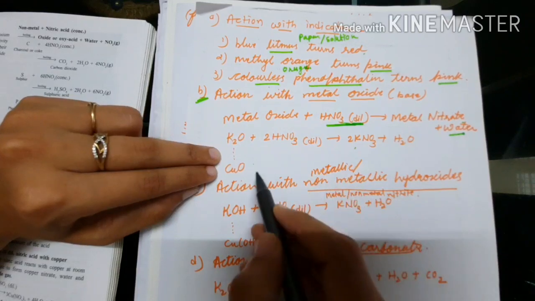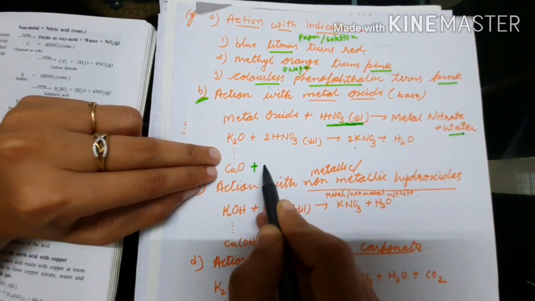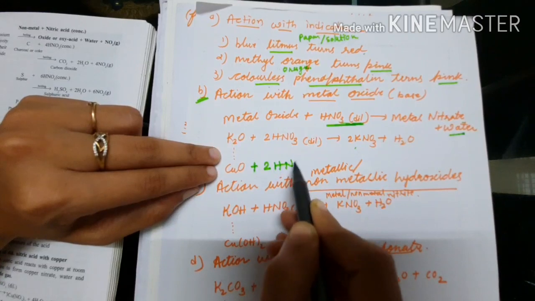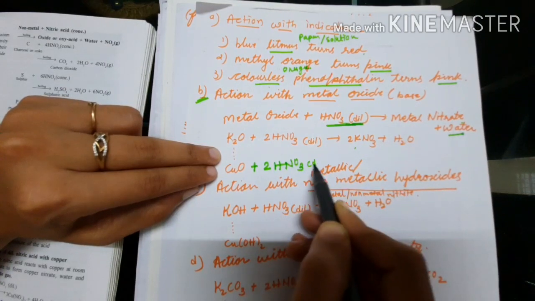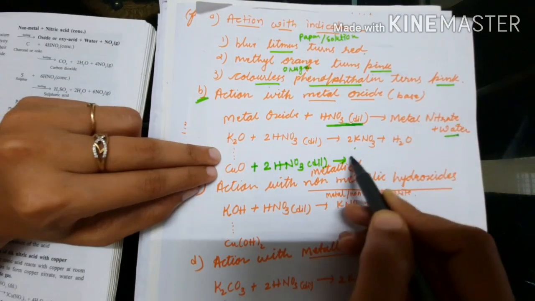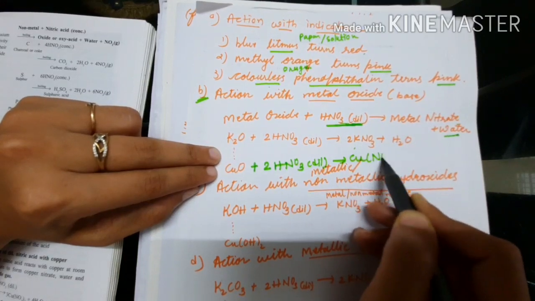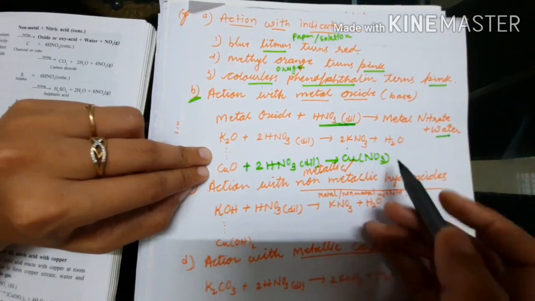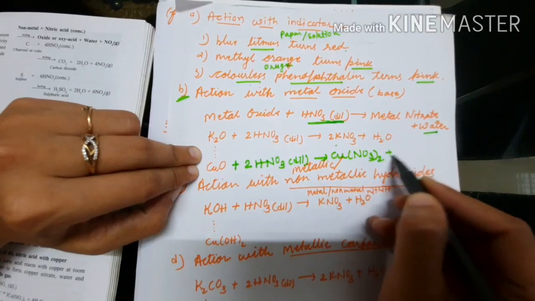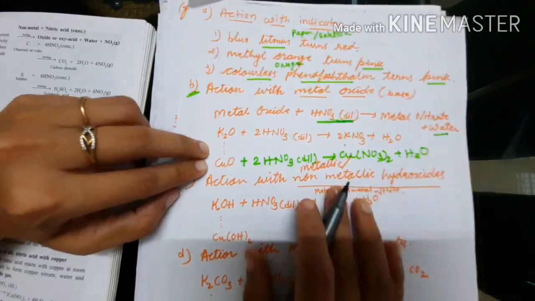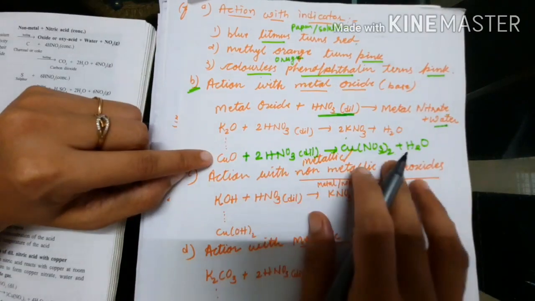What will the copper oxide give? Let's write CuO, when it reacts with the diluted HNO3, it converts into copper nitrate, Cu(NO3)2, plus H2O. So, action with the metal oxide.